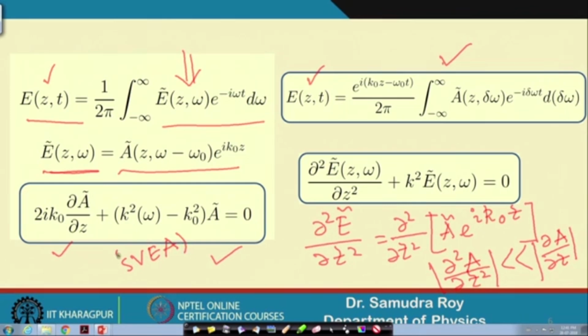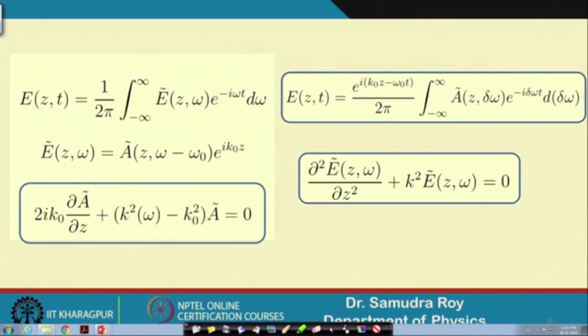By applying this approximation, we can discard the second order derivative term with respect to z, and we keep only the first order derivative. Then things are relatively simpler, because now we can solve this differential equation.